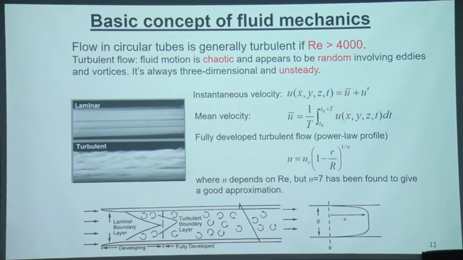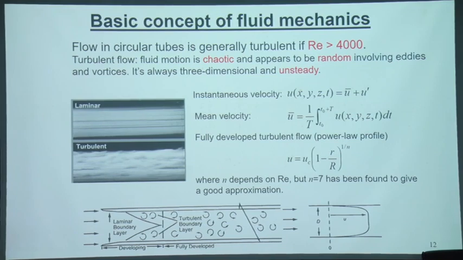Turbulent flow is always unsteady because it changes over time. So when we describe turbulent flow, we typically use instantaneous velocities. The instantaneous velocity has 2 components. One component is the phase average velocity, and the other one is the fluctuating velocity. Using the fluctuating velocities, one could calculate turbulence kinetic energy and other turbulence-related parameters.